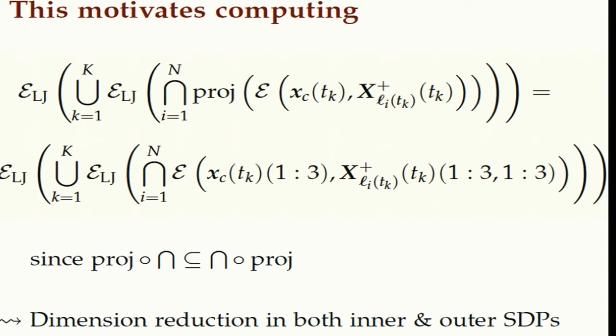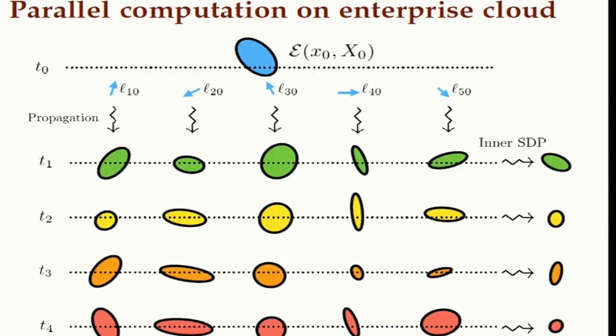All I'm saying is that this motivates doing the propagation in the original high-dimensional space, then immediately projecting before solving any SDP. Then you do the SDPs only over 3-dimensional space, both inner and outer SDP. So that allows you to do some dimensional reduction in both the inner and outer SDPs.